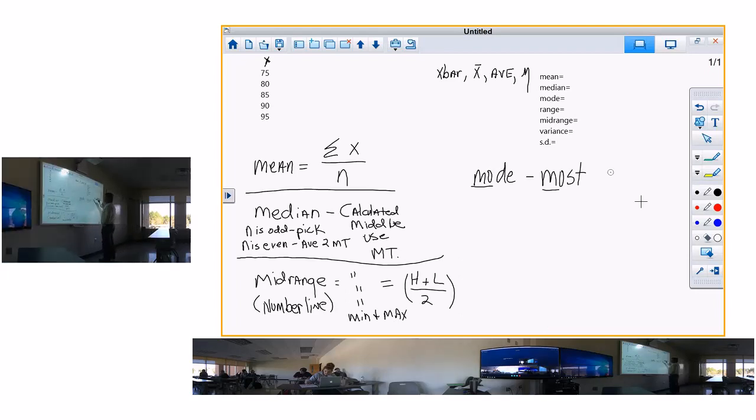You can have monomodal. You can have bimodal. You can have trimodal. And you can have polymodal. Of course, bi means 2 modes. Tri means 3 modes. Poly means more than 3.